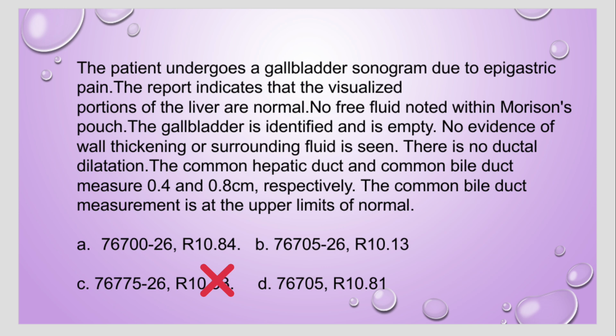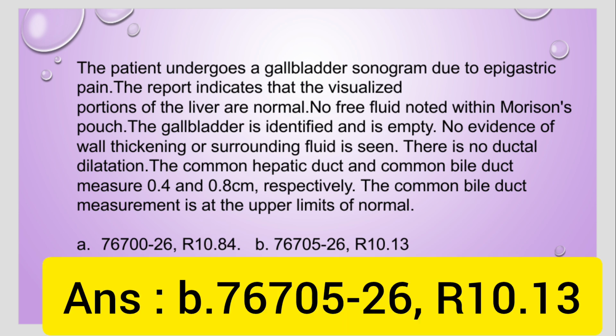So we can eliminate the code 76700 and we have to check the ICD code now. So for epigastric pain, the correct code is R10.13. So option B is the correct answer.